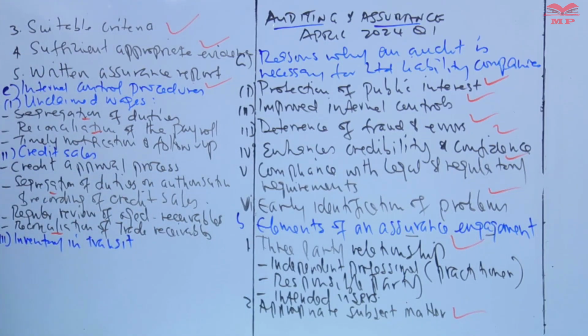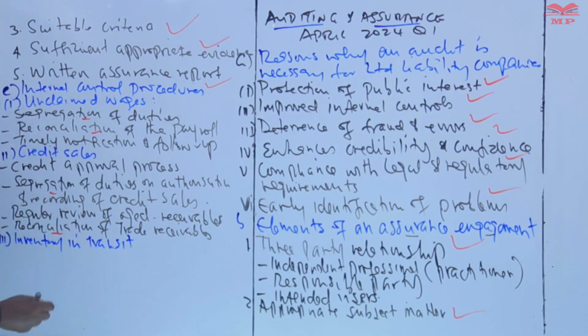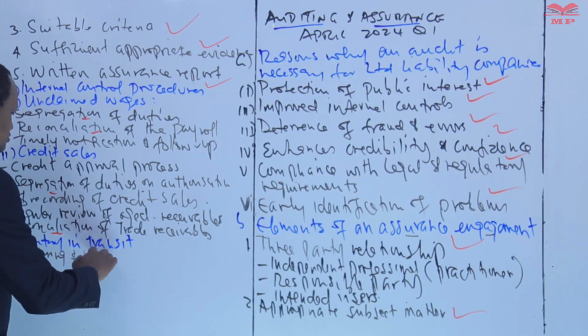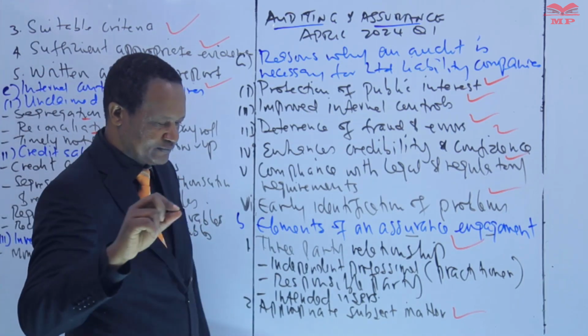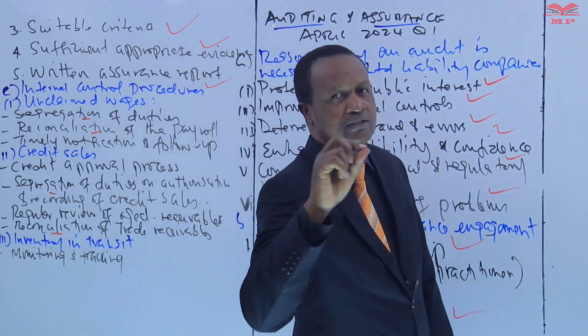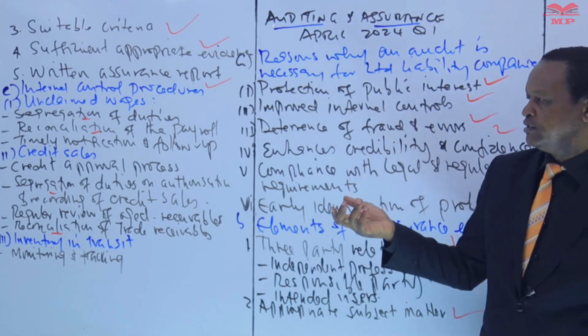Monitoring and tracking. That is true. Monitoring and tracking, or documentation and tracking. The company ought to maintain detailed records of all inventory in transit, including shipping documents and tracking numbers.